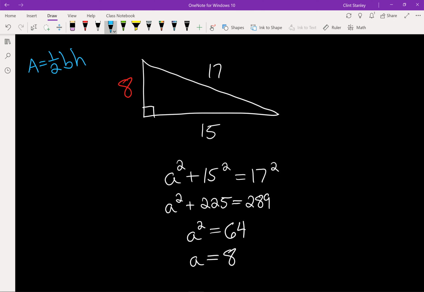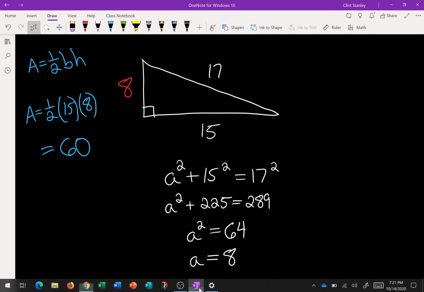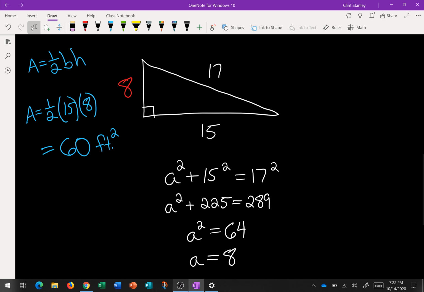So for area, it's 1/2 times the base, which is 15, times the height that we just found is 8. So this one will be 60 square units, but I don't remember what the units were. They were feet, so 60 square feet here. Square feet on that. So you have to do the Pythagorean theorem to find the missing side, and then you can find the area.